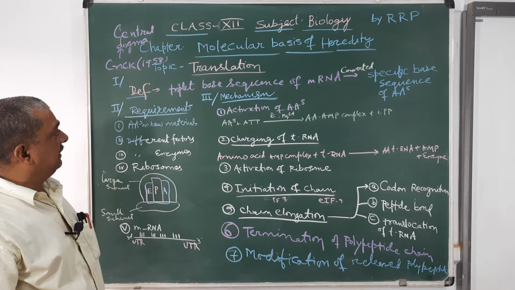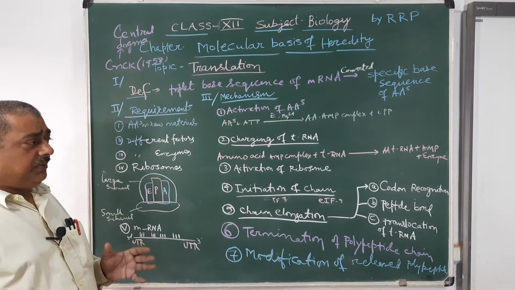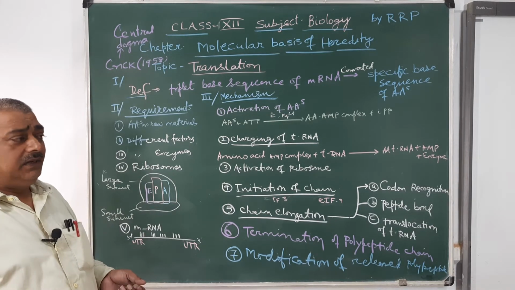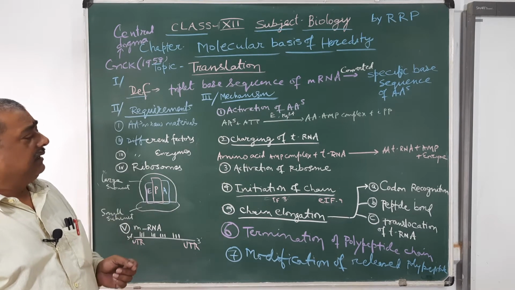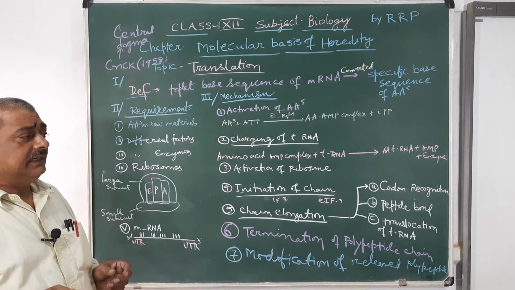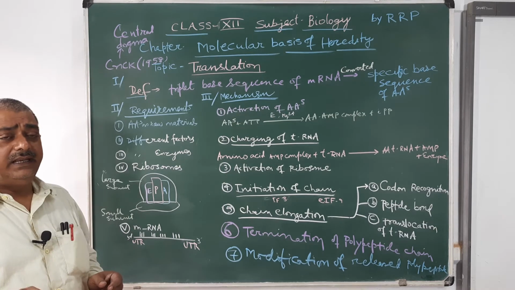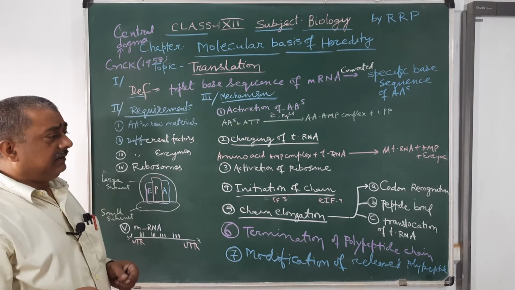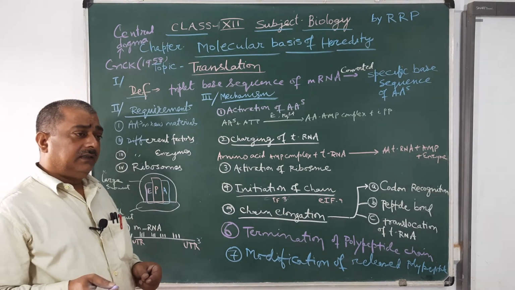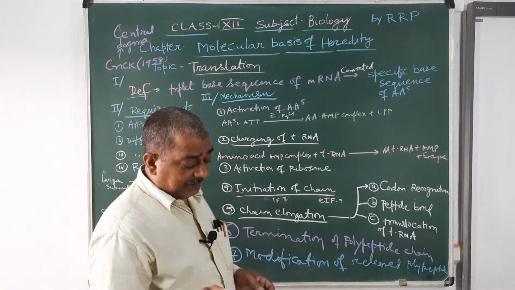What is translation? Before starting translation, it is very important to know a few concepts. Inside the nucleus in eukaryotes DNA is found, but ribosomes are found in the cytoplasm. So that is why they are located separately.